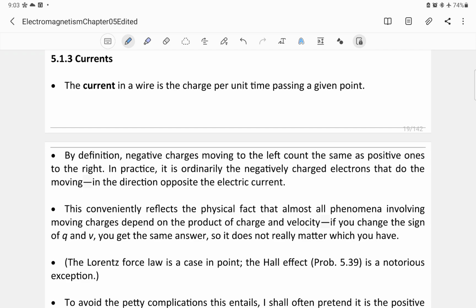In conductors, it's only the negative charge electrons that do the moving, and the positive ones just stay in their particular molecule or atom, but it's the same thing. If electrons move to the left, then it's also the same thing as positive charges moving to the right, or vice versa.